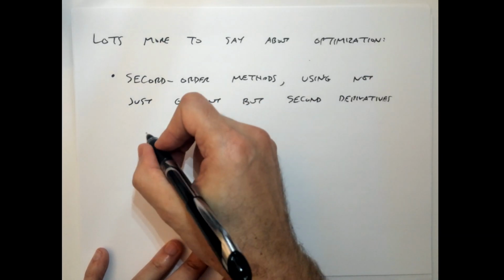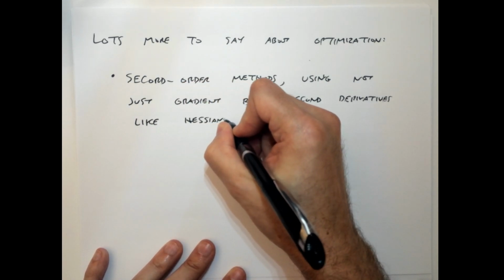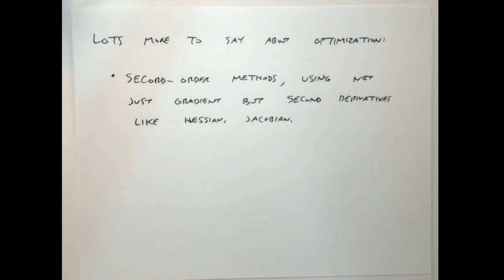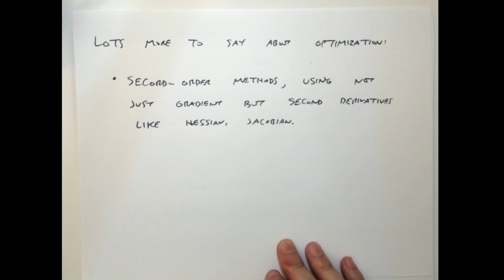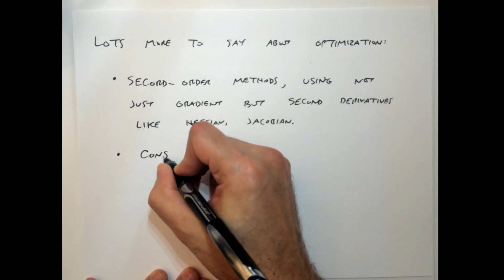And those second derivatives are called things like the Hessian and the Jacobian. I won't say too much about that. You may have seen the Jacobian when you were talking about calculus, like a change of variables involves a Jacobian. So basically, there's more to say about that. And I think that when we talk about logistic regression, I may talk a little bit about using second order methods.